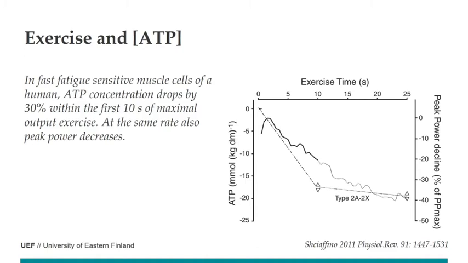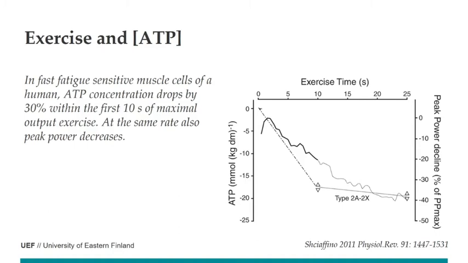Well, with these glycolytic cells, with the glycolytic ATP production, the ATP concentration still drops about 1/3 during the first 10 seconds. And that will also affect the maximum output of the exercise, which will drop. So there's less ATP, there's less contraction, there's less movement of the cell, and that's why it's getting the fatigue. So there's less power.